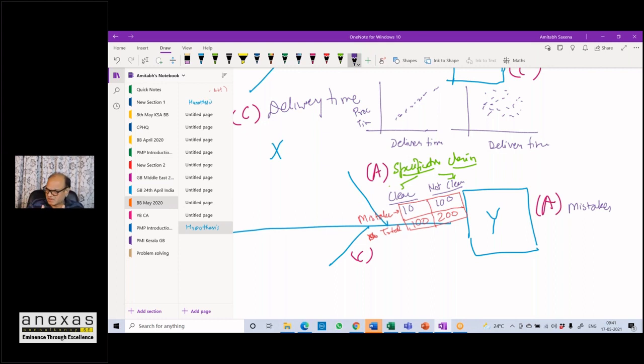So I'm studying the documents, how much time I spend on studying the documents. If I spend more time, does it reduce my mistakes, or if I spend less time, does it increase my mistakes? I want to know that. Now here I will just write it, document study time. The documentation study time is the X factor, and the Y is the mistakes.